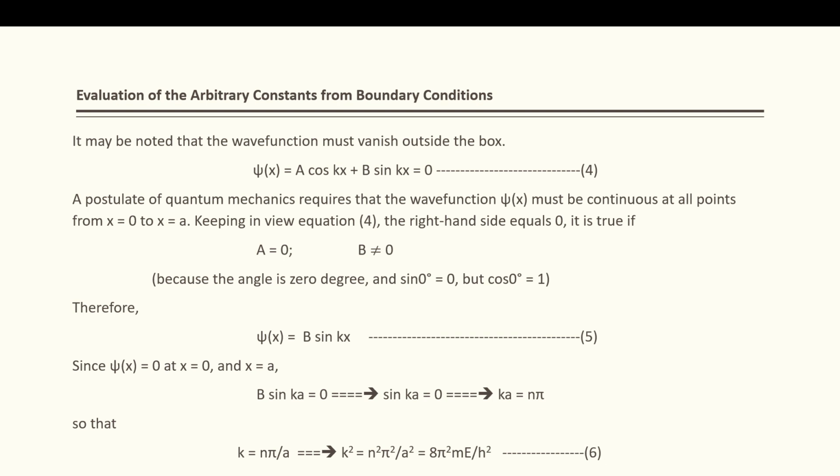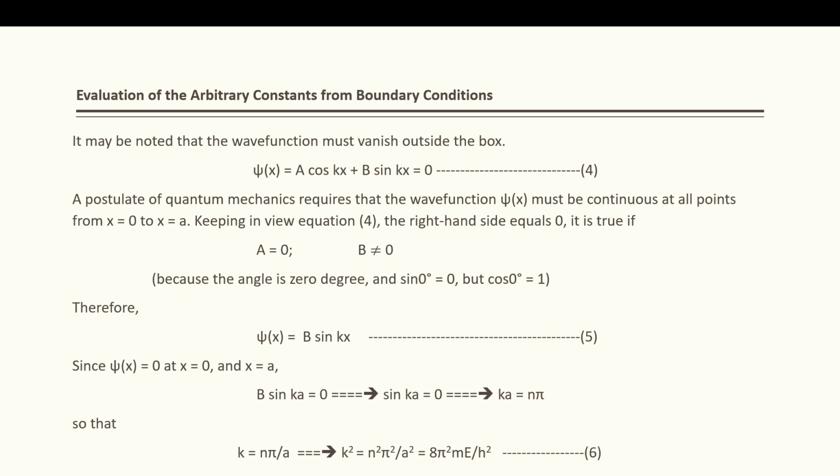What is the boundary condition? As I told earlier, on the walls and outside the walls, wave function psi x is 0. It means a cos kx plus b sin kx must be equal to 0. This is possible only if we assume a is 0. Why a is 0? Because the angle is 0 degree or 180 degree.